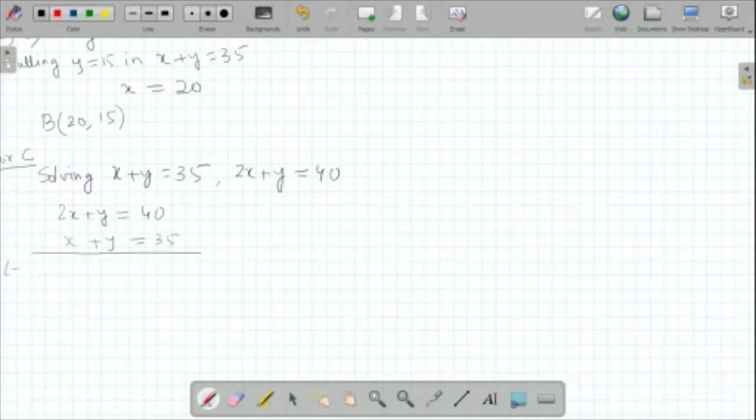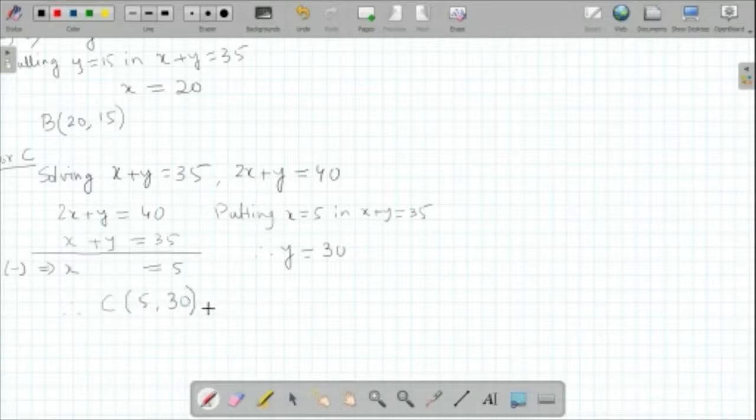So we subtract, and x will be 5. Now putting x equal to 5 in x plus y equal to 35, what is y? y is going to be 30. So what is C? C is going to be (5, 30), right?